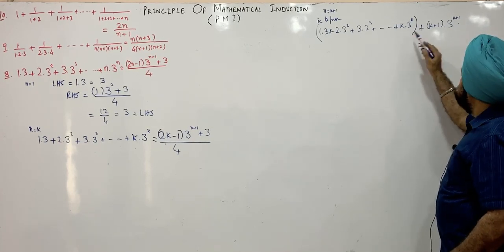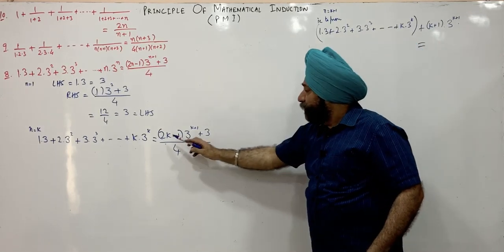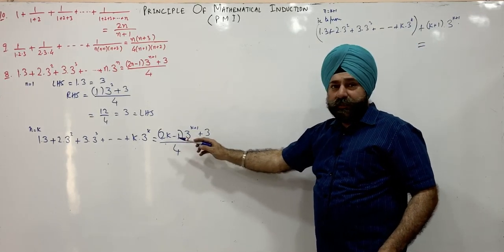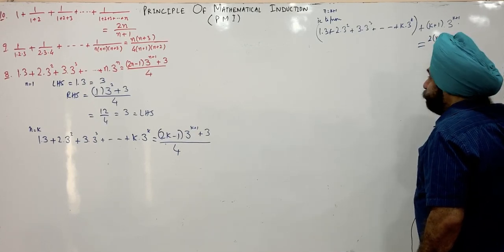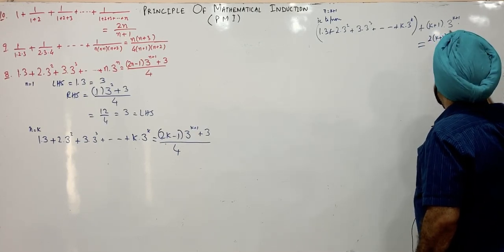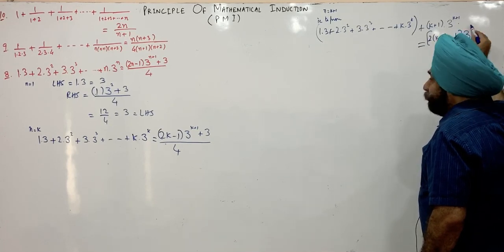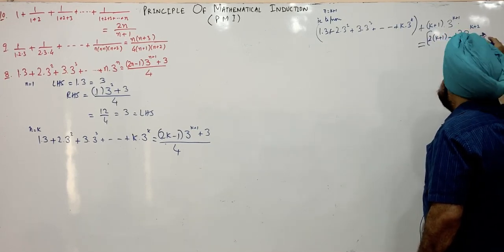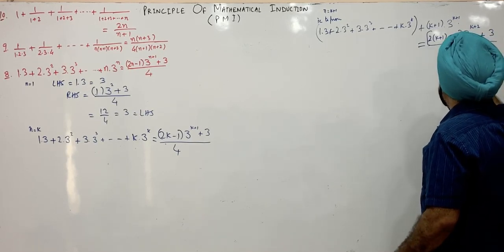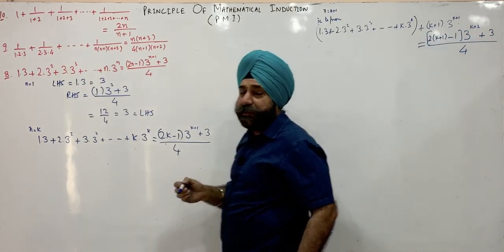We have to prove that this sum is equal to 2 into, here k replaced by k plus 1, that's 2 into k plus 1 minus 1, then into 3 raised per k plus 1 plus 1, that is k plus 2, and plus 3 whole divided by 4. We have to prove this result.